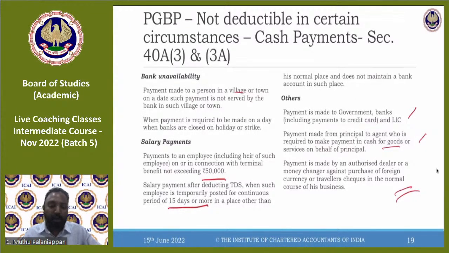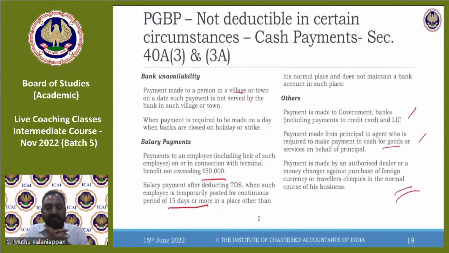So with this, I'll stop and probably answer some questions and wind up. Sandhya asks: if someone purchased machinery and paid 30,000 as freight charges for his business and paid through cash, will the complete 30,000 not be included in the actual cost of machinery? See, for freight charges towards a capital asset, if you're incurring any expenditure till it is put to use, it must be capitalized.